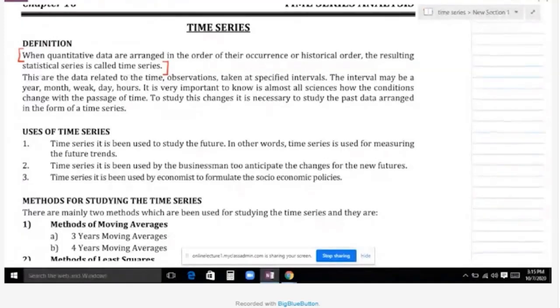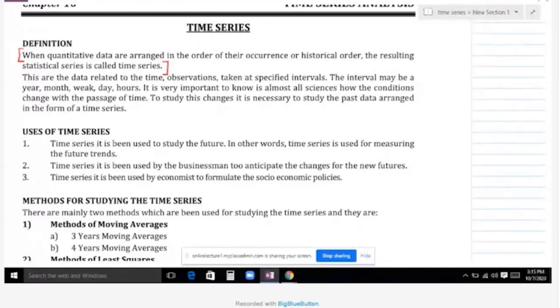Is everyone understanding what I am saying? When I use the word quantitative, what does quantitative mean? I taught you this in the first chapter. Quantitative means data which can be expressed in terms of numbers.